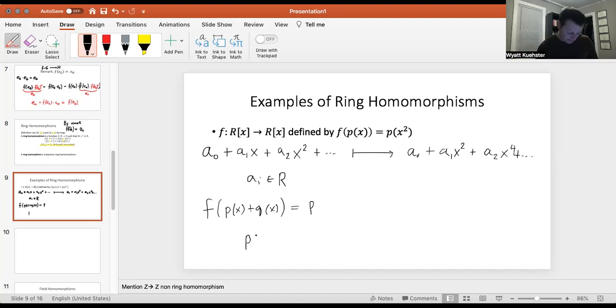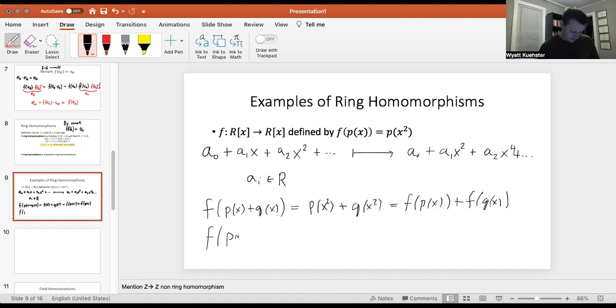We have this polynomial p plus q, and it's defined on x to be p of x plus q of x. But I'm going to skip this step just because it's annoying to write. Okay, so this is p of x squared plus q of x squared, which is exactly f of p of x plus f of q of x.